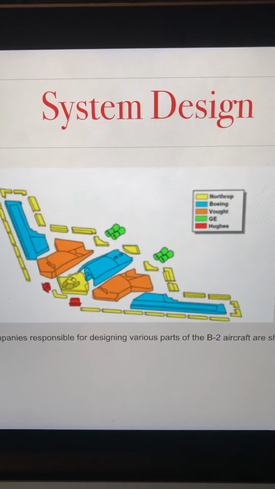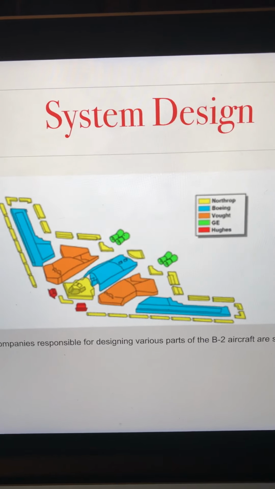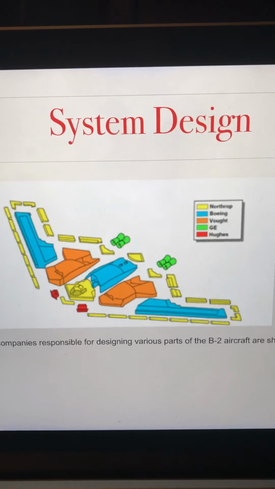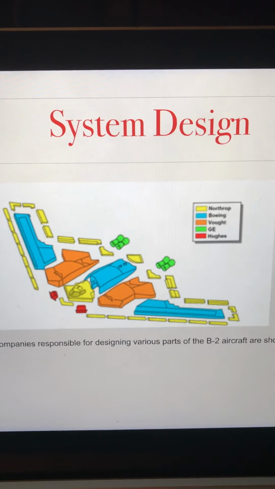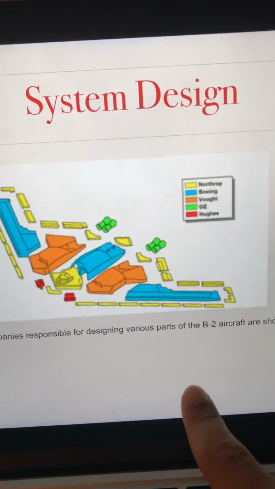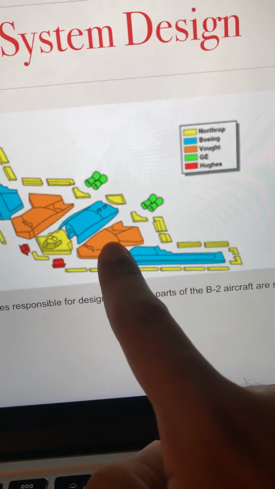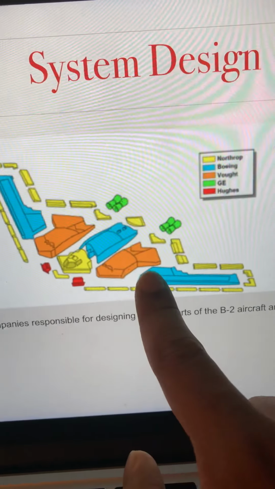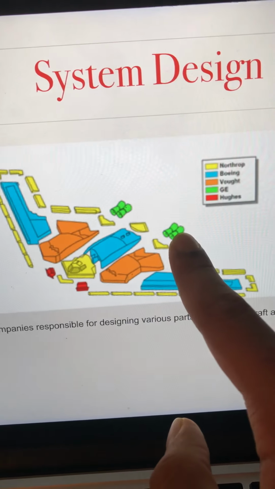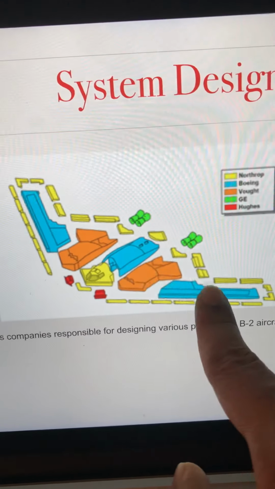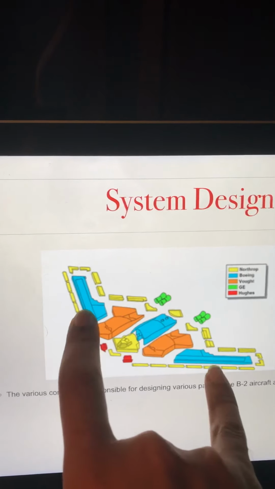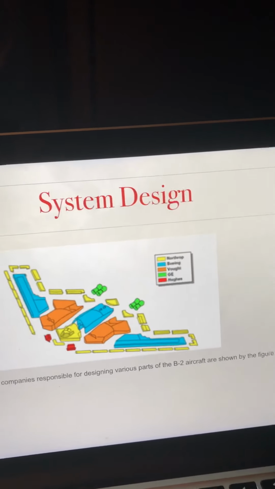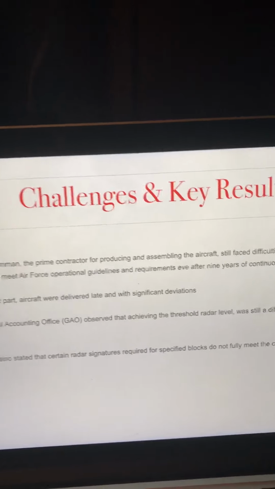And this figure is very nicely color coded. It tells you all the different surface parts that are designed by various companies, like the sides by Northrop, these two orange parts done by Vought. There's GE on the exhaust and Boeing on the three fundamental parts, with the crew station and the two parts of the main wing. Excuse me.